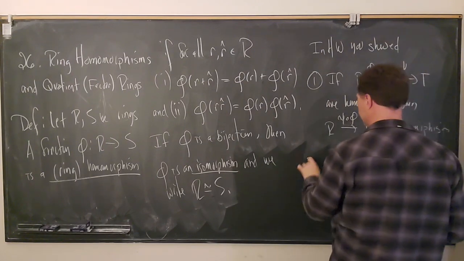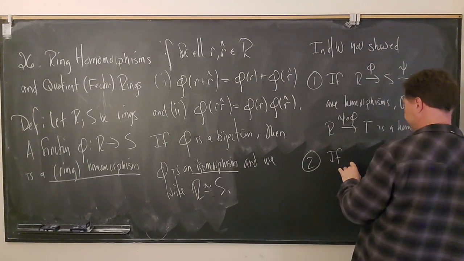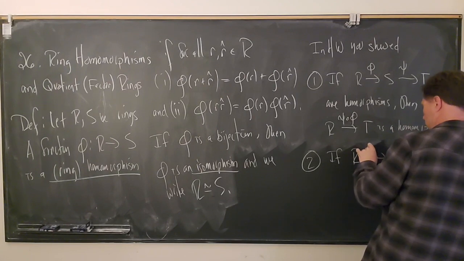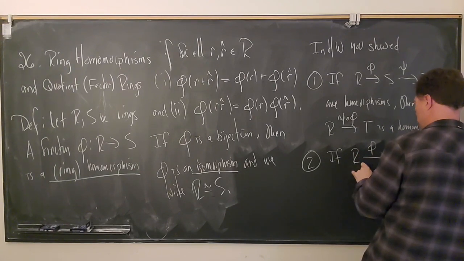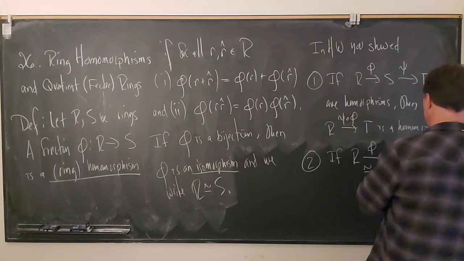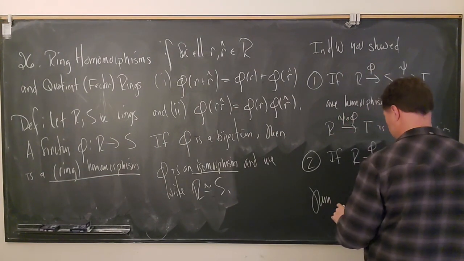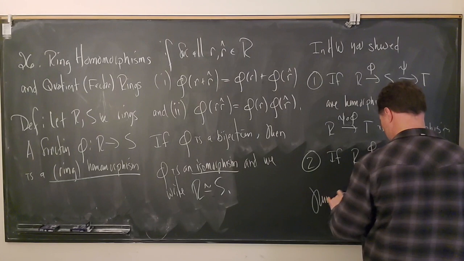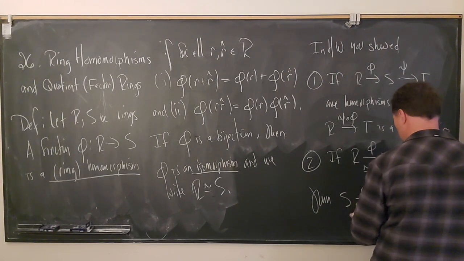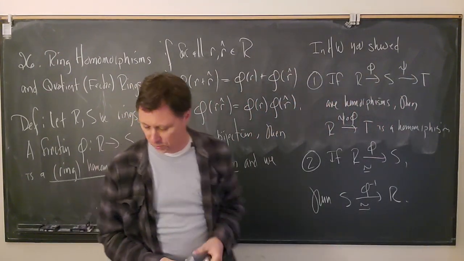And also, if phi is an isomorphism from R to S, then phi inverse is an isomorphism from S to R. Right? So we know these two facts right here.